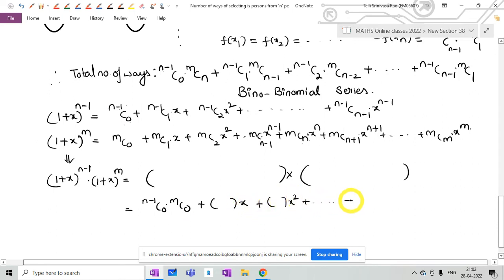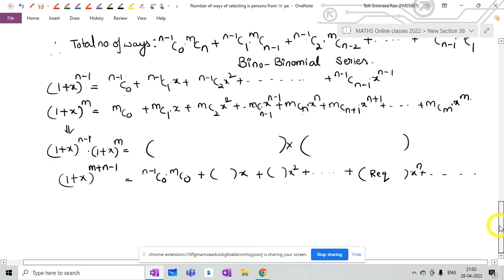But what is our required term? The required term is the x to the power of n coefficient. Whatever the x to the power of n coefficient is, that is the only one required. If you multiply these two, we get (1 plus x) whole to the power of m plus n minus 1. So the x to the power of n coefficient on the right side is required, and the x to the power of n coefficient on the left side and right side will both be the same.